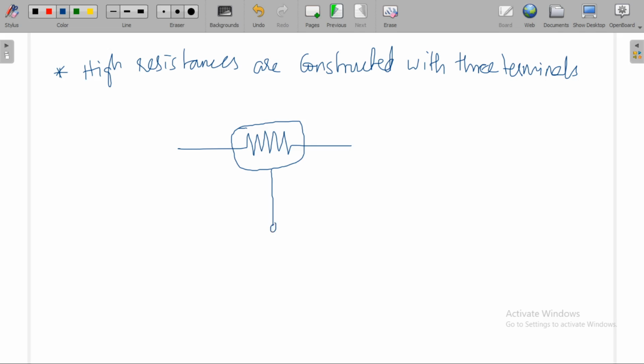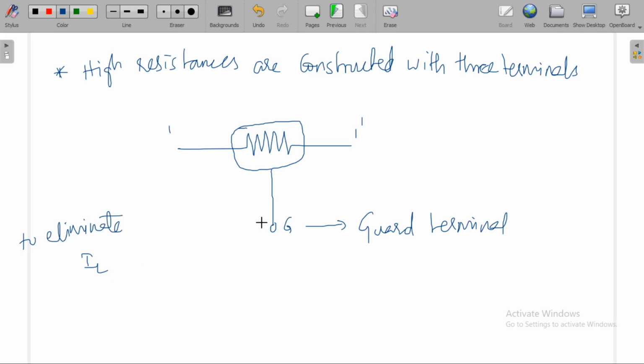This is the guard terminal. In order to eliminate the leakage current IL, we use an extra terminal, that is the guard terminal. That's why high resistances are constructed with 3 terminals. The third terminal is the guard terminal, which is used to eliminate leakage current.